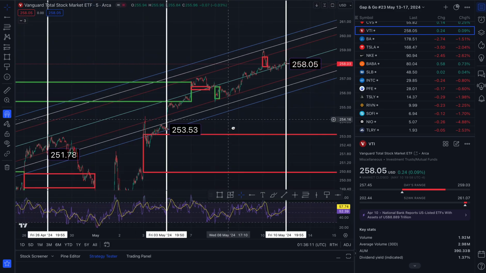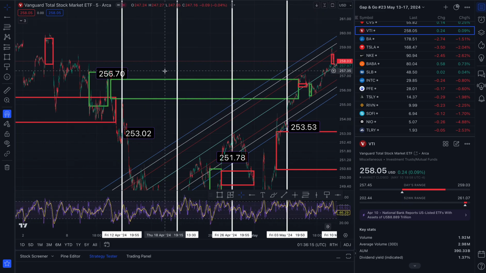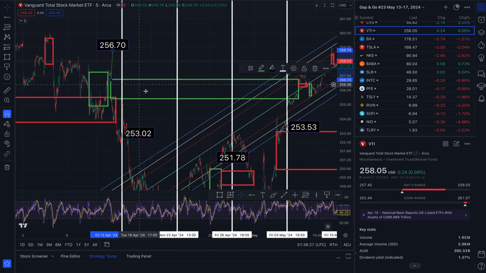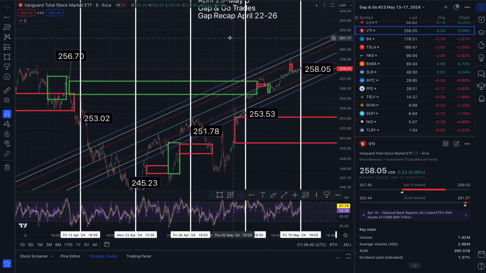Now, I know this is shocking because it seems like we just talk about the same trades over and over again, but Vanguard, the Vanguard Total Stock Market ETF, closed out the last gap I was tracking. So at 256.75. Let me show you this in the bigger picture.